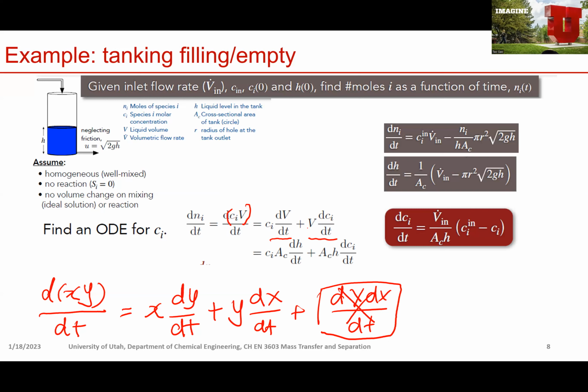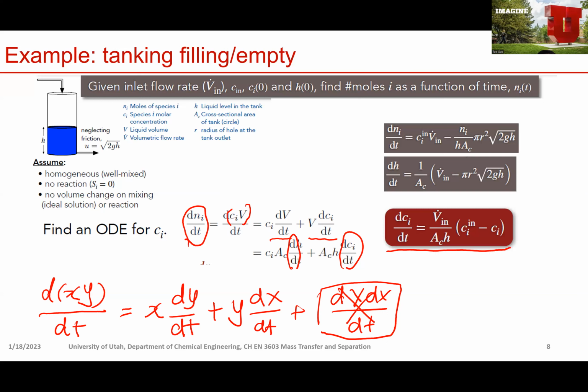Now we have this. We link Ni with H and with C. So if you have these two equations, you can plug dNi/dt and dH/dt into it, and then you can get an ordinary differential equation for dCi/dt. And what we found out is dCi/dt is this.